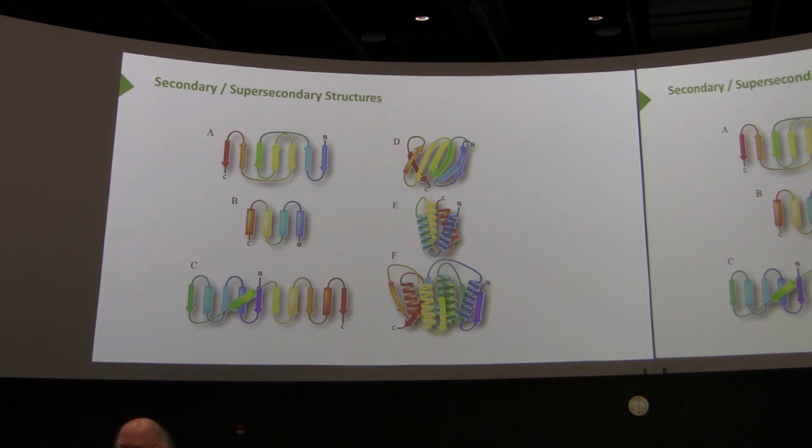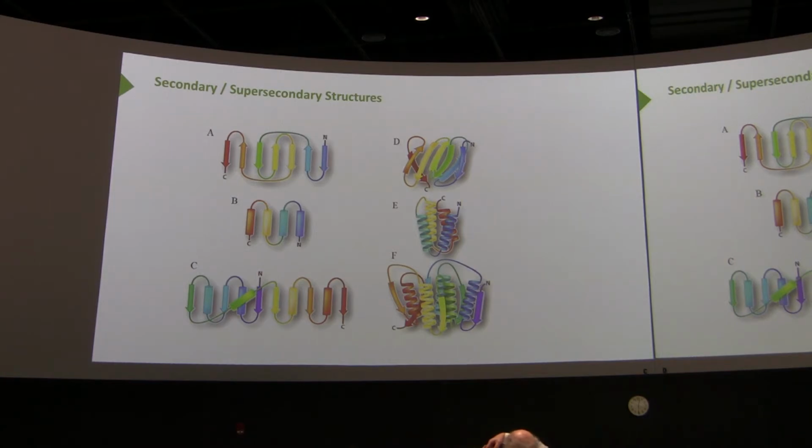You also see the word up there called supersecondary. What is supersecondary? Well, I use that term. I'm kind of alone in this. A lot of people don't use that word. Okay? I like to use it because how did I define secondary structure? I said they were interactions between amino acids that were close to each other in primary structure.